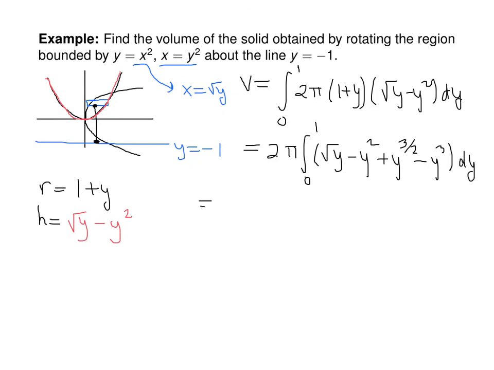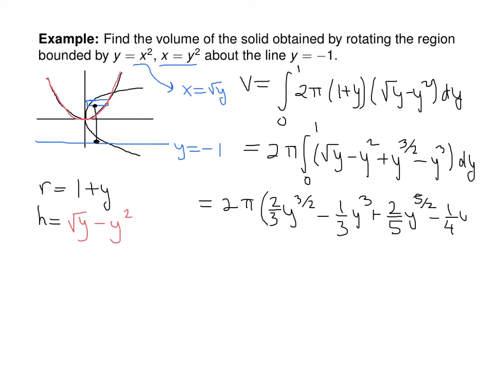And anti-differentiate, and we have 2 pi times y to the 3 halves, with a coefficient of 2/3, minus 1/3 y to the 3rd, plus 2/5 y to the 5 halves, minus 1/4 y to the 4th, from 0 to 1.